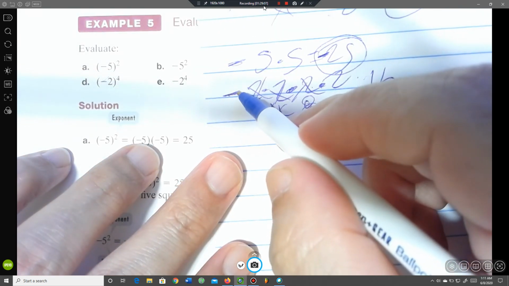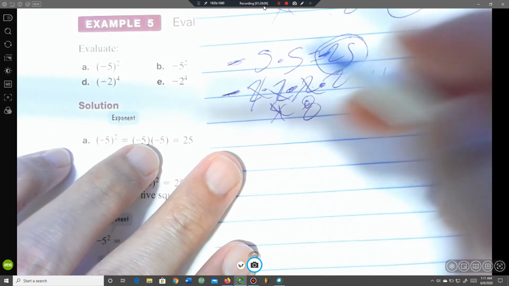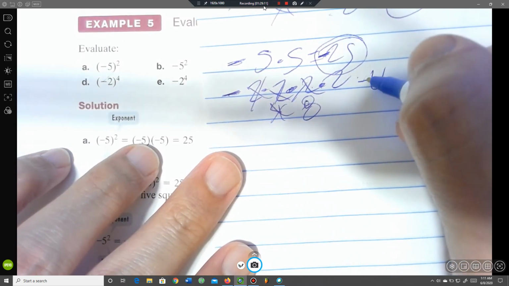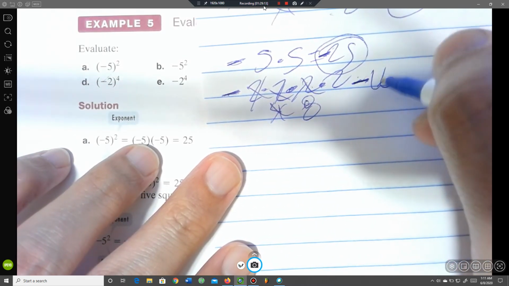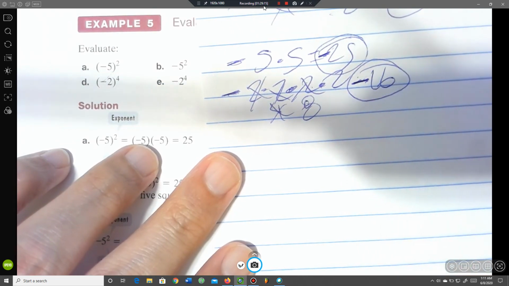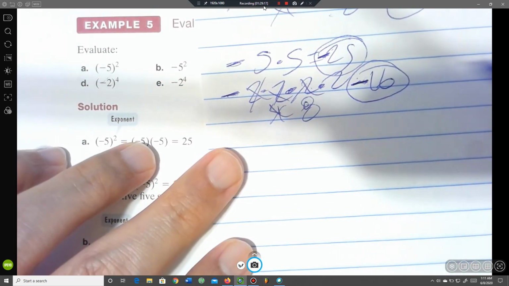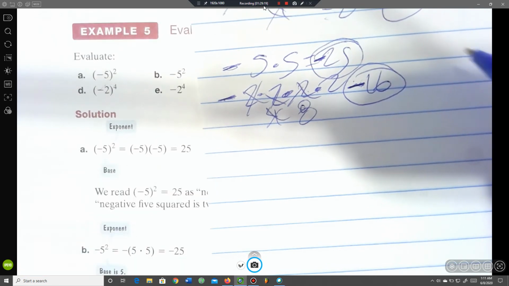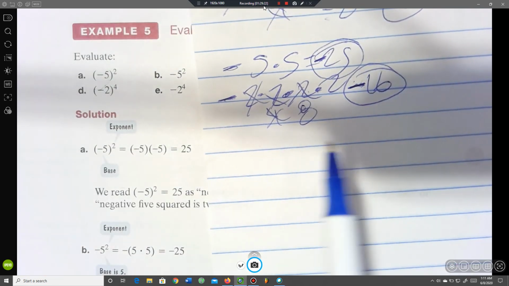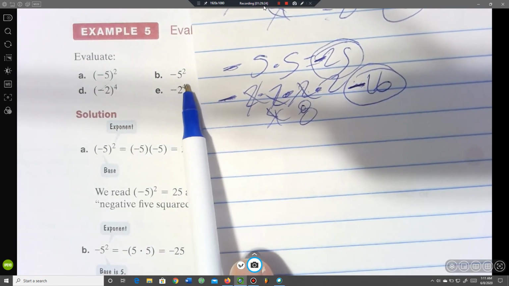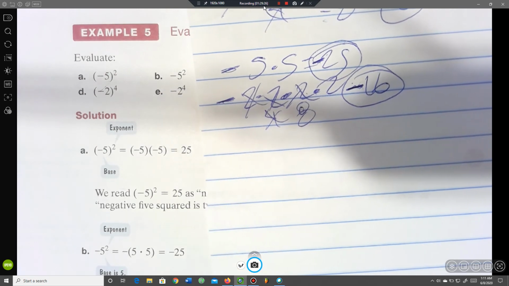Always remember to look at the signs and see if you need to make any changes. In this case, you did. So negative 16 is the answer, because that 4 didn't affect that negative value.